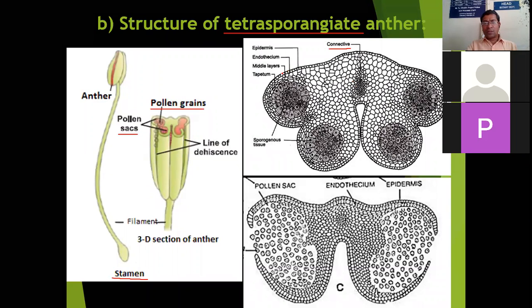Now we will see other important structures. The outermost wall of this anther lobe is called the epidermis. This epidermis is a single-layered outermost wall.